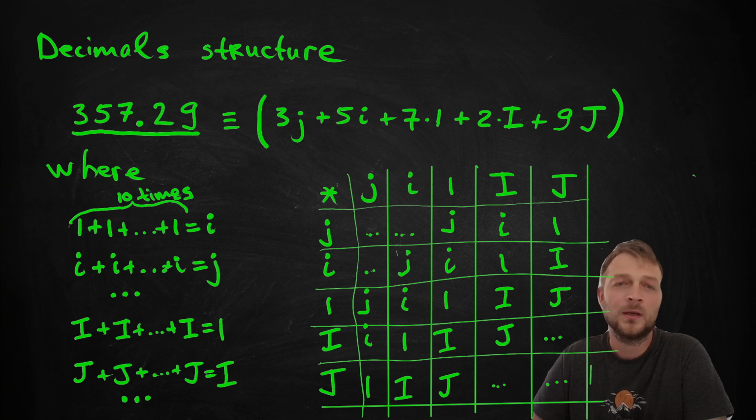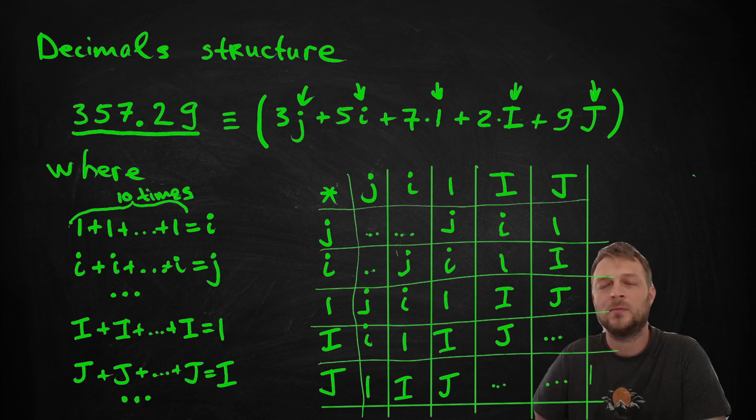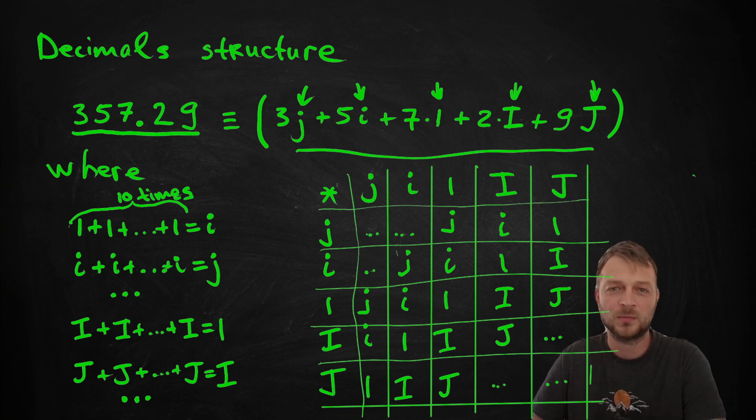So here each symbol, j, i, 1, I capital and J capital, represents a position. These are positional symbols. These positional symbols can be multiplied. So we have a table of multiplication rules for these positional symbols.